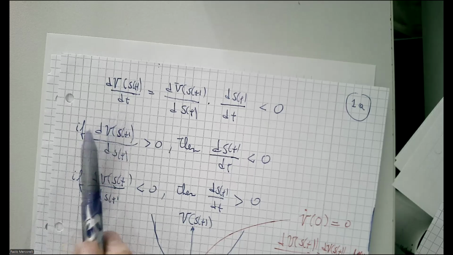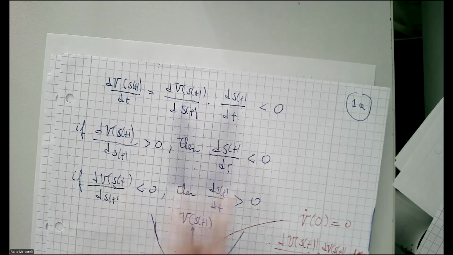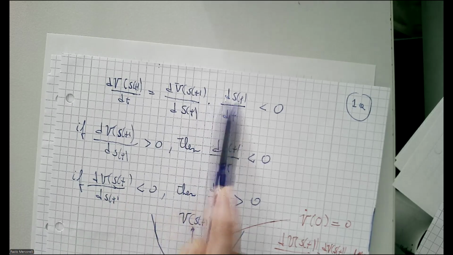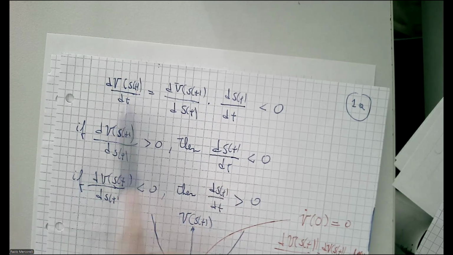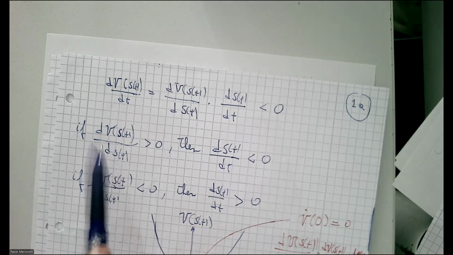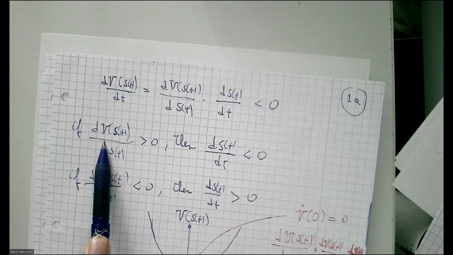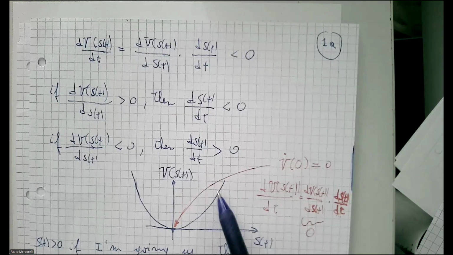Let me go in depth here, and then I told you another thing. Derivative of this can be written in this form: the derivative of v with respect to s multiplied by the derivative of s with respect to t must be less than 0. Now, if this is positive, if you look at this picture here, we are in this part.